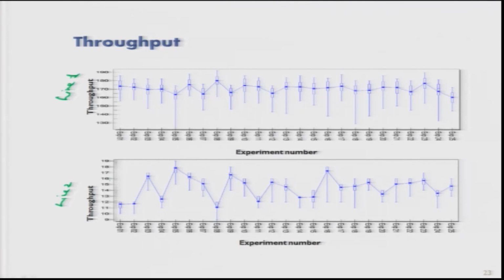This value is small, the maximum value obtained here is maybe 18. Because of the small average value, the variability is high here. It can be noted that the average green throughput of line 1 is about 170 units, and for line 2 the average throughput is about 14 units.